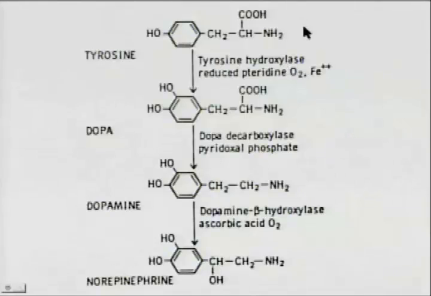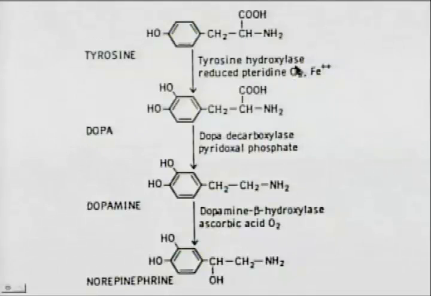Tyrosine hydroxylase is going to add a hydroxyl group onto this carbon here. This is carbon 1, 2, 3, 4, 5, 6 of the phenol ring. So in the 5 carbon position of the phenol ring, TH adds a hydroxyl group.